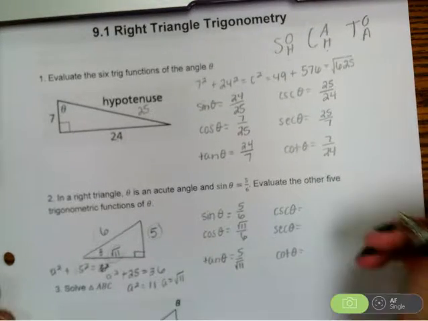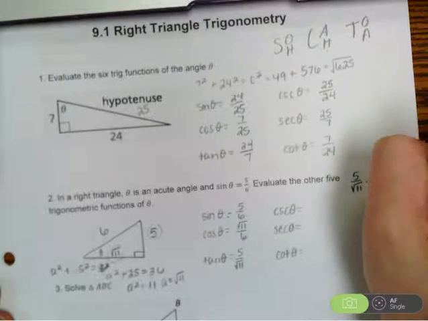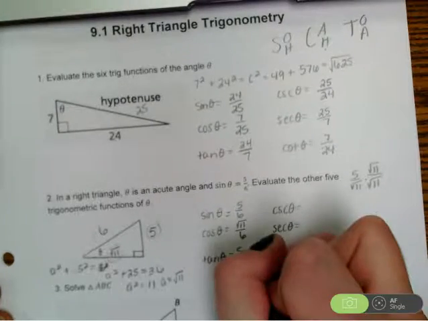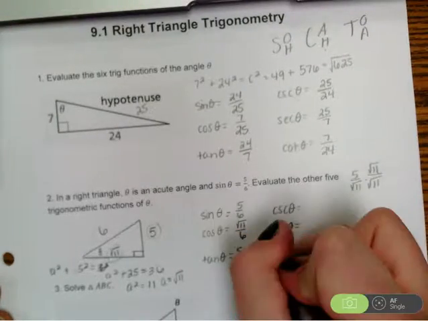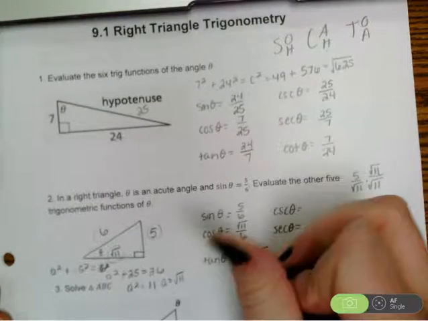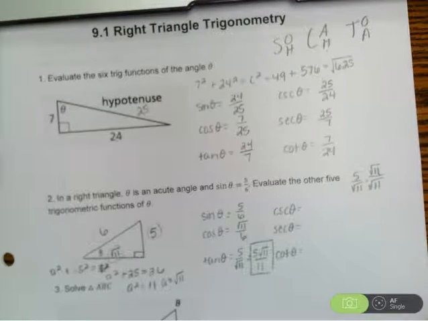So when we've got 5 over the square root of 11, to get rid of that radical, we multiply the top and the bottom by the square root of 11. This simplifies to 5 square root 11 over 11, since the square root of 11 times the square root of 11 is just 11. So make sure that you simplify. If you have a radical in the denominator, that's going to be a problem.